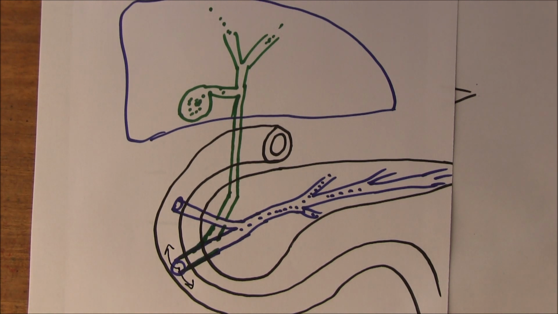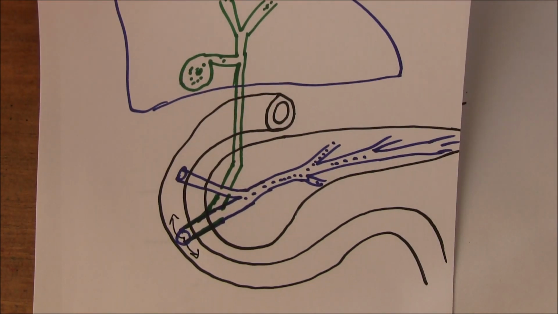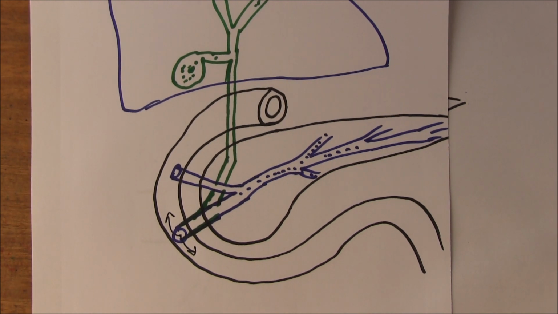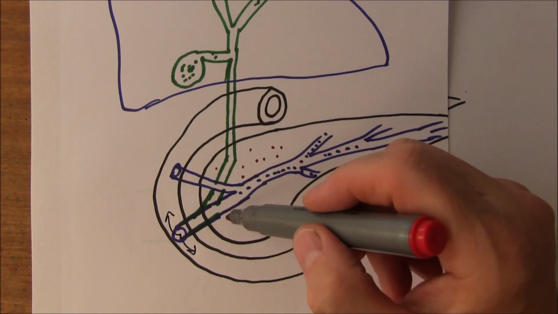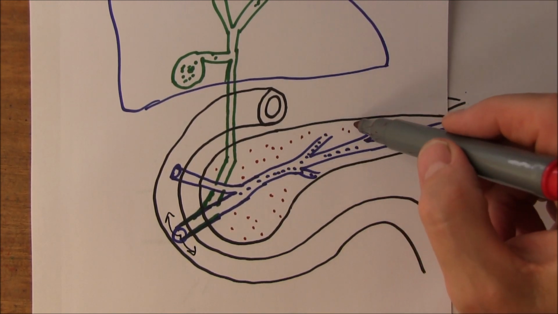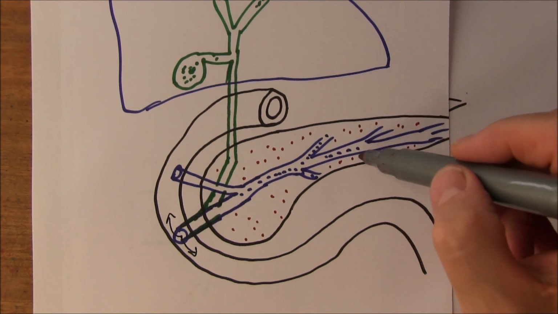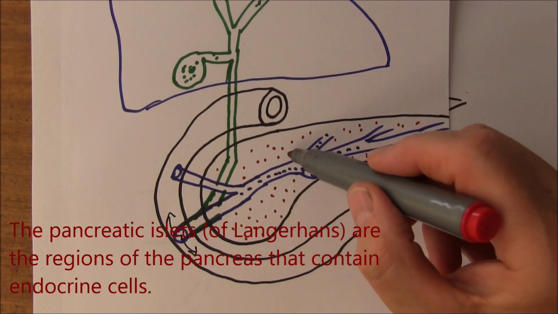Now, what is the other 1% of the pancreatic tissue made of? We've said it's 99% the acini, these clusters of exocrine tissue. Well, the other 1%, distributed, about 1 million of them distributed all over the pancreas, are the well-known and loved pancreatic islets of Langerhans.